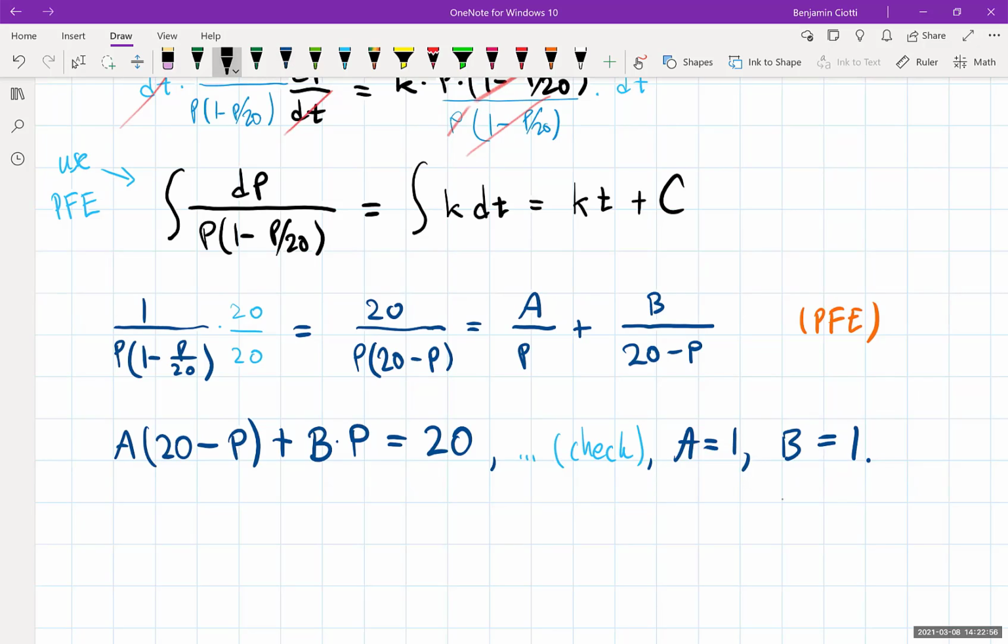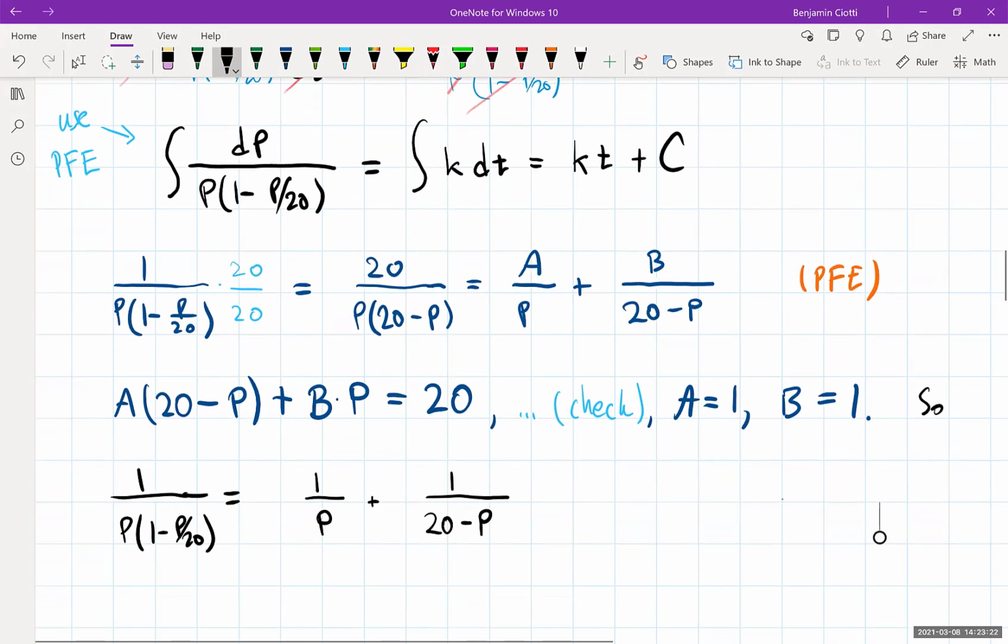So 1 over p times 1 minus p over 20 is 1 over p plus 1 over 20 minus p. Okay. So now that I've performed the partial fractions, I can do the integration here.